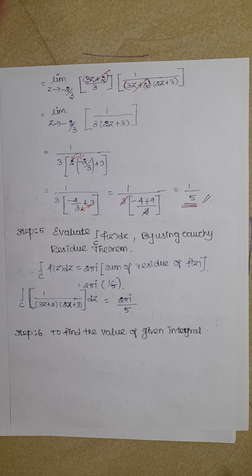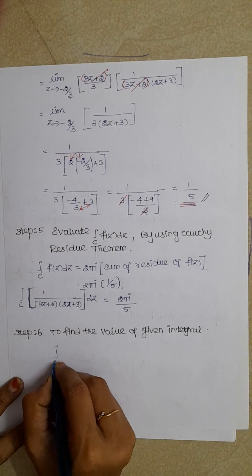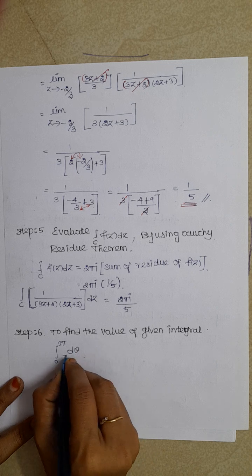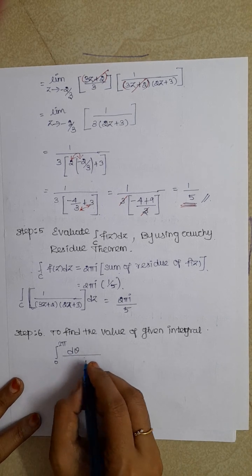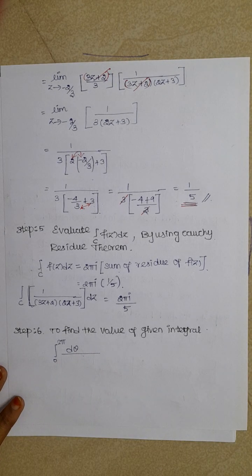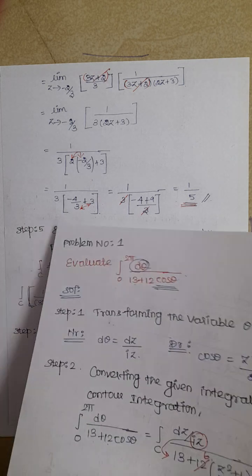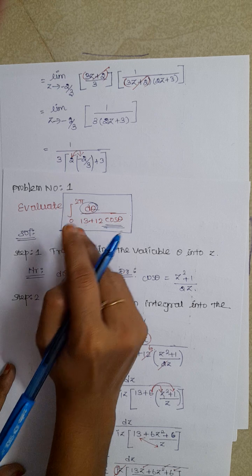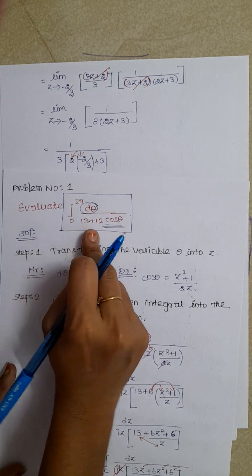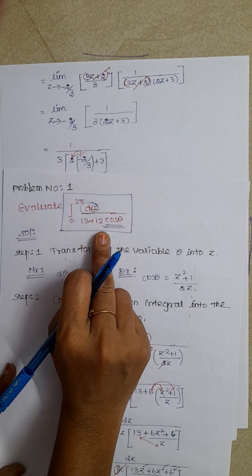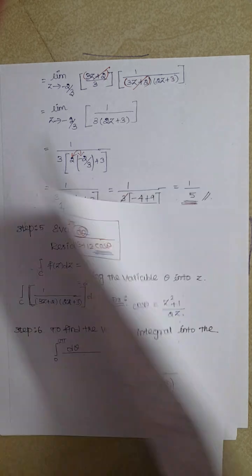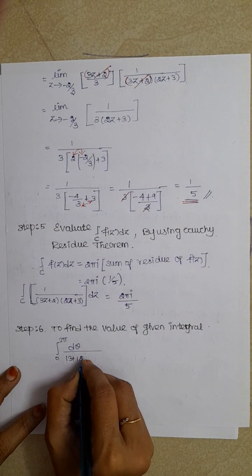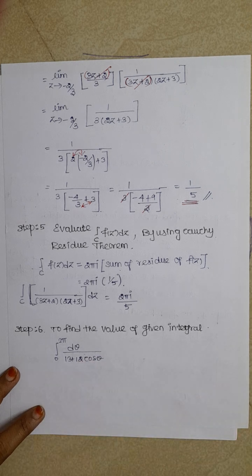The given integral is integral over 0 to 2 pi of d theta divided by 13 plus 12 cos theta. What is the given integral value? The given integral is the given problem: integral over 0 to 2 pi d theta divided by 13 plus 12 into cos theta. Okay.